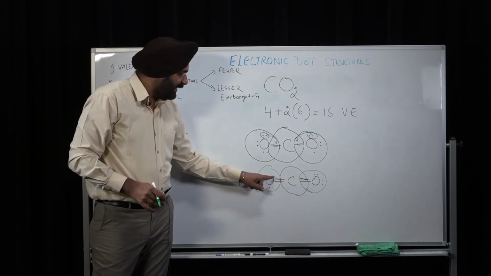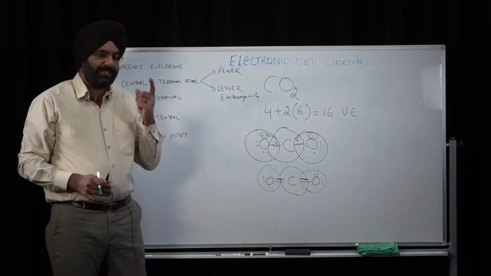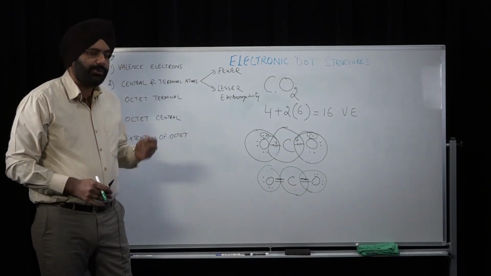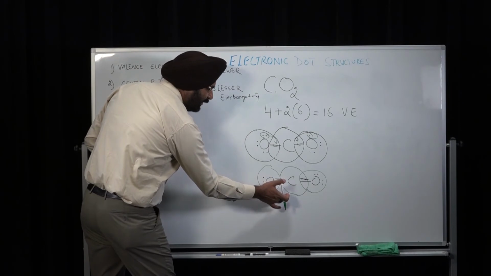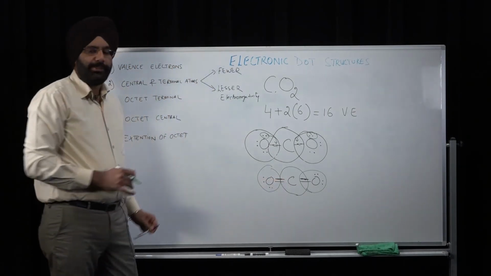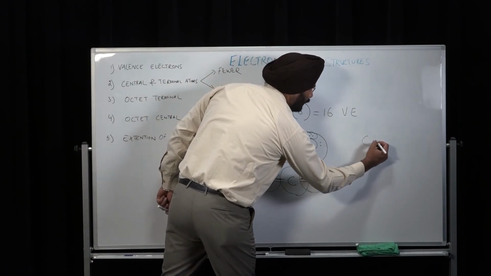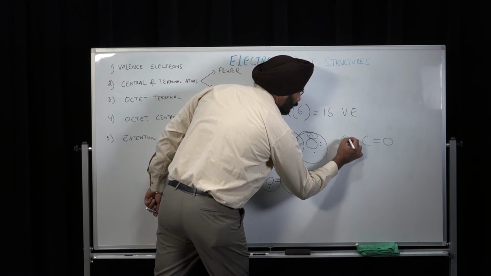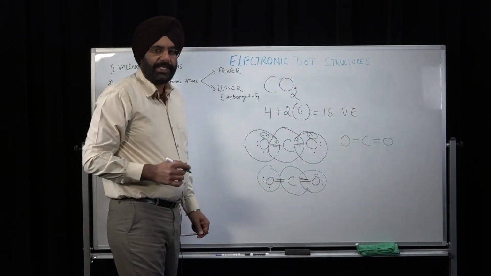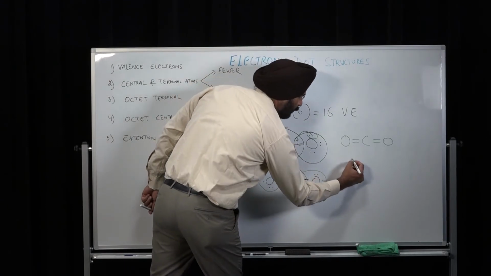I again repeat, these bonds here, these straight lines, represent 2 electrons, a pair of electrons. So this is the electronic dot structure of carbon dioxide. I can redraw it in this form. You have carbon, and the carbon is bonded to 2 oxygen atoms by the bond which we now call a double bond.